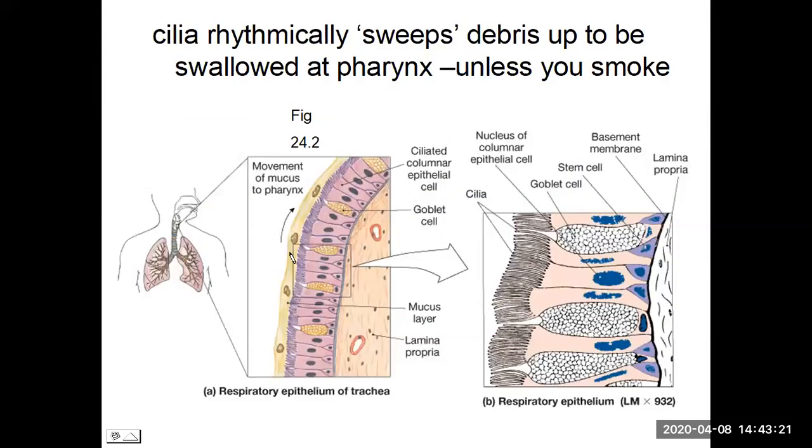So we can see a function of this here. A person has inhaled, and some particulate matter in this case gets trapped in the mucus. Now, with the action of the cilia from the pseudostratified ciliated columnar epithelium, the cilia will sweep and brush in rhythm.